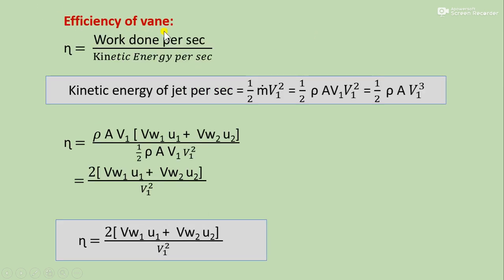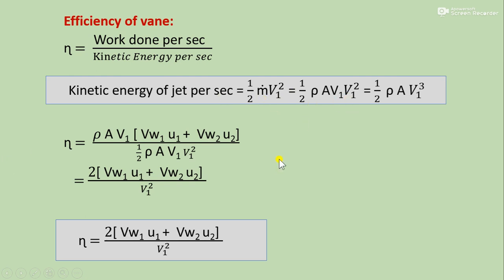Now efficiency. The efficiency of the vane is the ratio of work done per second to kinetic energy per second, where the kinetic energy of the jet per second is half m dot V1 square, and m dot is rho a V1.